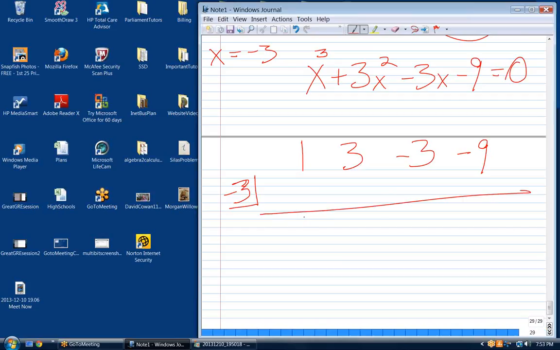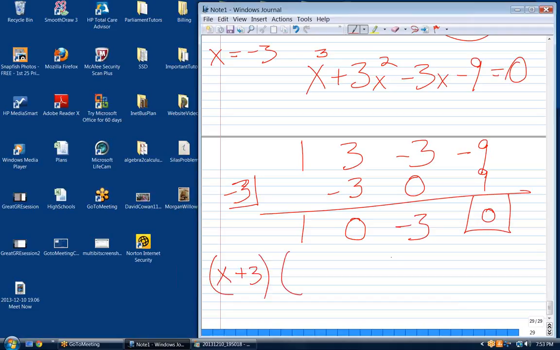So drag the 1 down, then you get -3, 0, 0, -3, 9, 0. So my one factor, I'll write it like this. There's my first factor that I knew already. What's my other one?